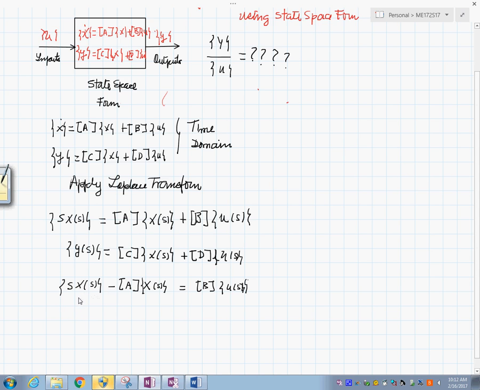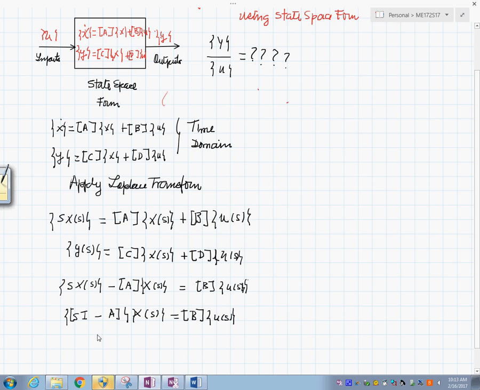To be able to do this, we have to put it into matrix form. Because this is a vector here, to add to this we'll have to multiply by the identity matrix. So this would be sI minus the matrix A, like this, times the vector x of s is equal to what we have on the right hand side.